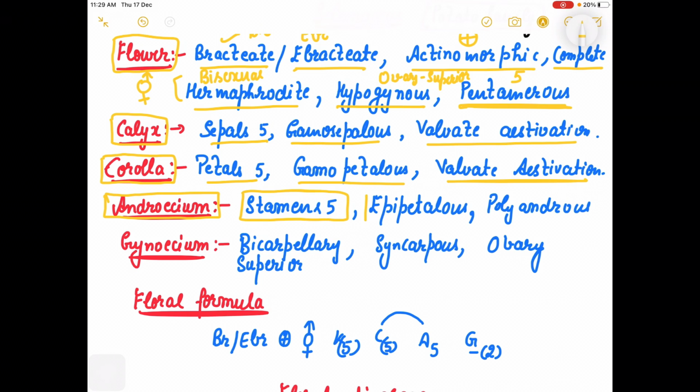Androecium, male reproductive whorl, stamens we observe are 5. They are epipetalous, means stamens are attached to the corolla, right? We are going to use this sign. And they are polyandrous. What are polyandrous stamens? They are free, right? They are free stamens.